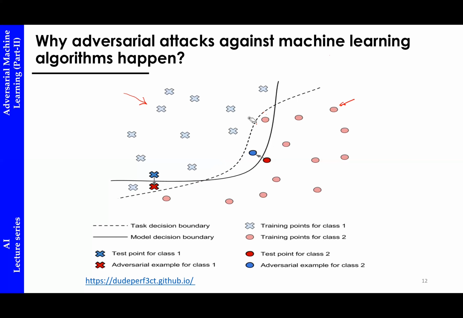For this classifier, everywhere that the classifier believes there is an O, it plots a line and separates O's from X's.